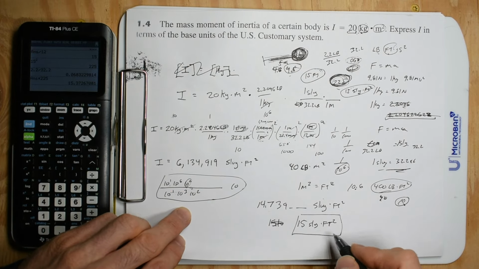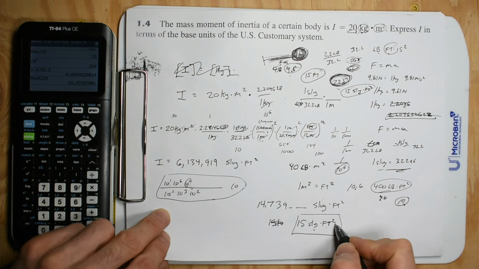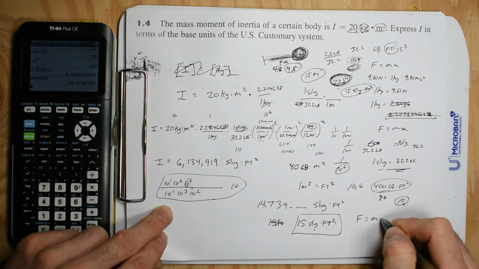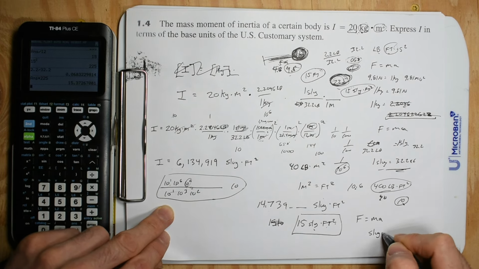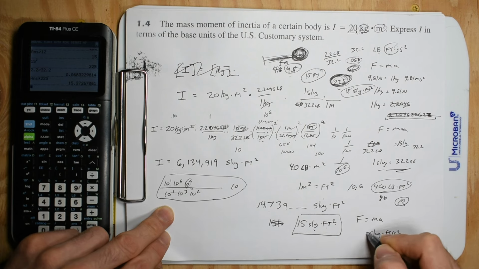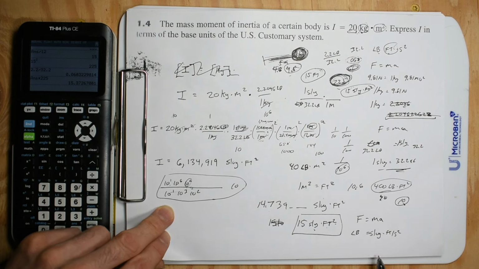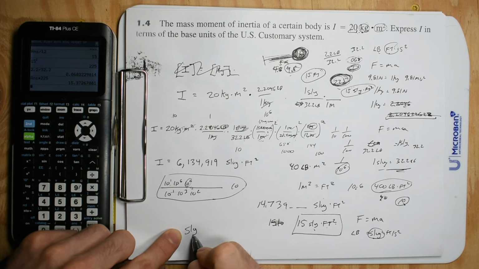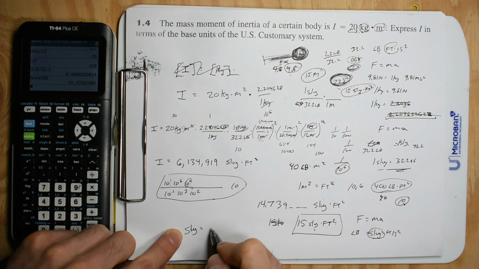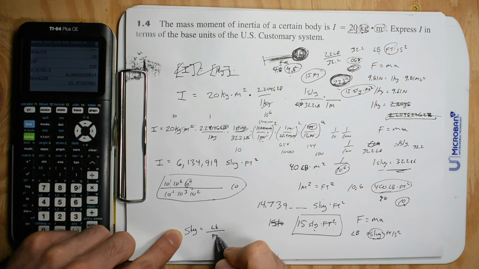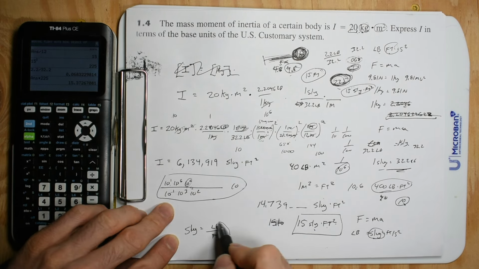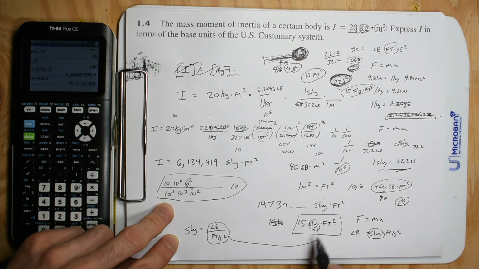And again, this is slugs per feet squared. If we use our F equals MA, we can see slugs feet per second squared, and then pounds over here. We can rearrange for slugs and say that a slug is equal to a pound divided by feet per second squared. And then we're going to put this into right there.